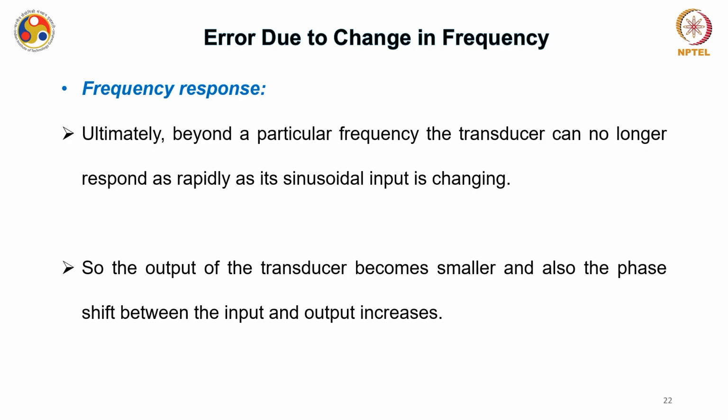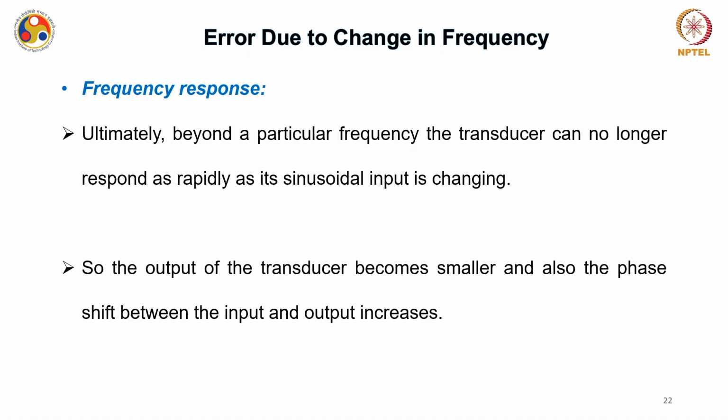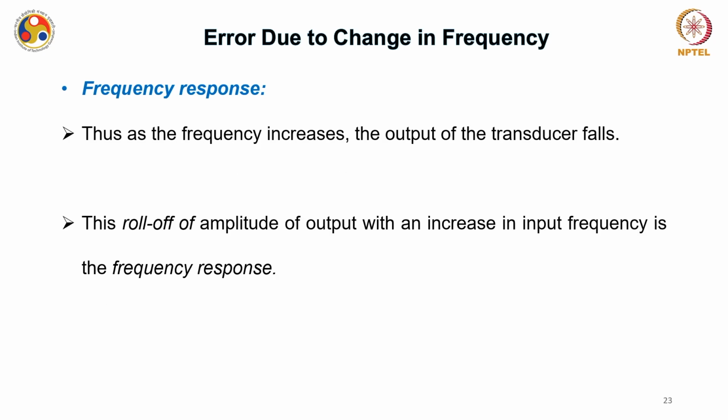So the output of the transducer becomes smaller, and you will also see a phase shift between the input and output, and this phase shift increases as you increase the input frequency. As the frequency increases, the output of the transducer falls, and this roll off of the amplitude of the output with an increase in input frequency is known as the frequency response.